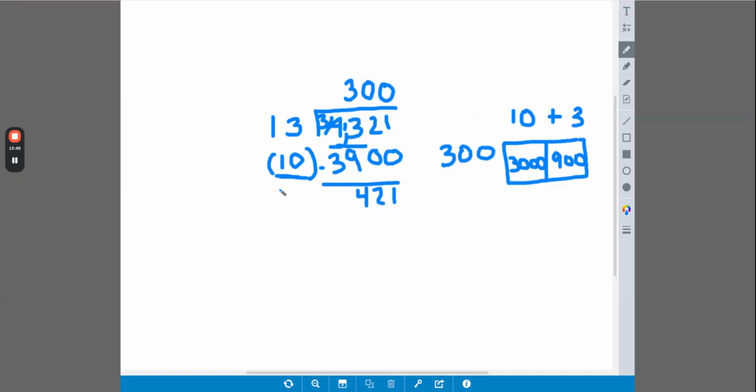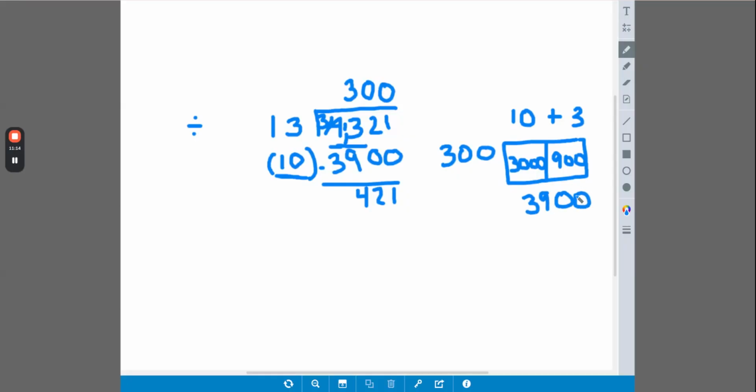I divided. Okay. 300 divides this number. And then I multiplied to check to make sure. 300 in each group would be 300 times 13. The multiplication method that I used is expanded notation or an area model. And I found out the answer was 3,900.